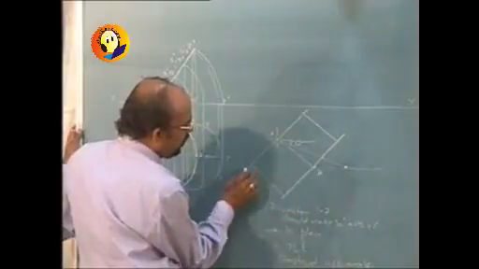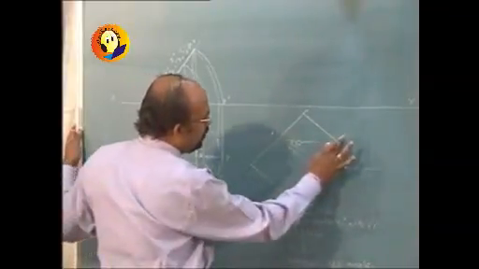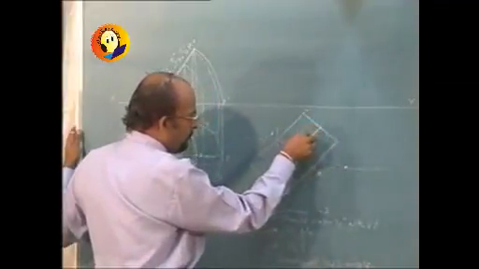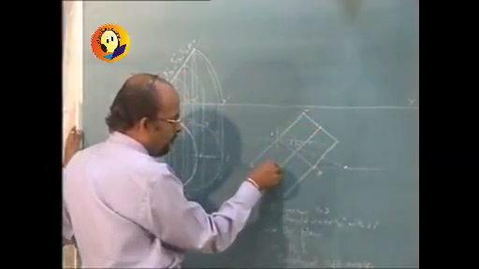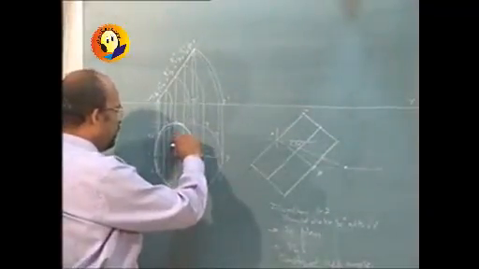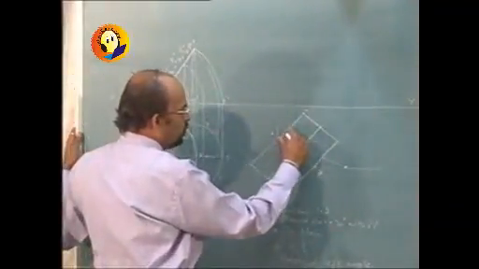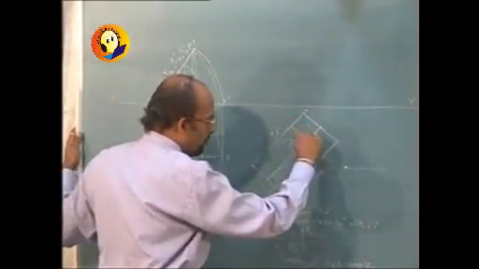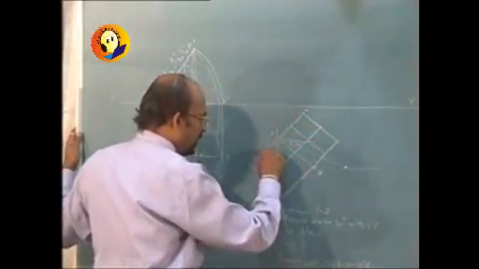So first of all, construct the rectangle in which the ellipse is to be drawn, and then transfer all the distances. We want to simply generate the same mesh in that rectangle.